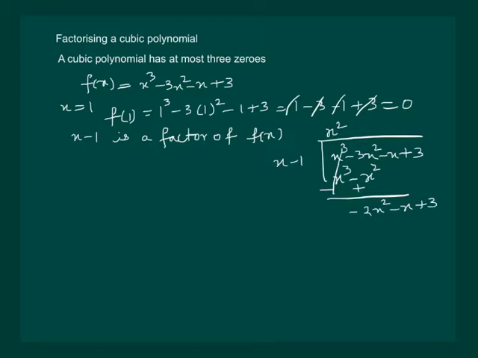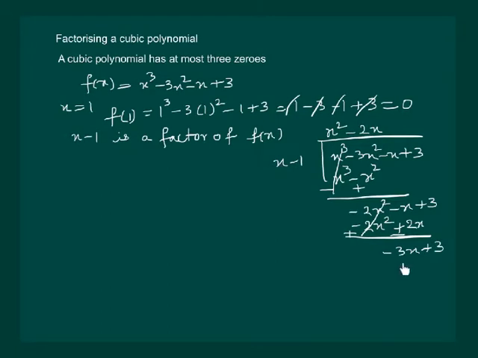Now to get minus 2x square, in the quotient we take minus 2x. On multiplying we get minus 2x square. Minus 1 into minus 2x will give us plus 2x. Again subtracting will change the signs. 2x square cancels and we are left with minus 3x plus 3.